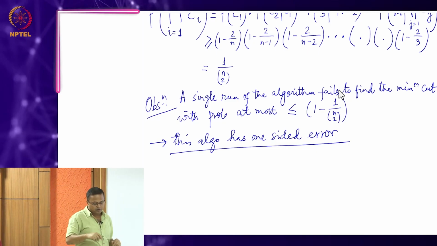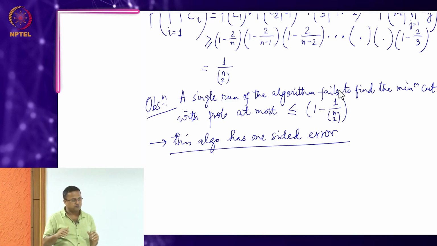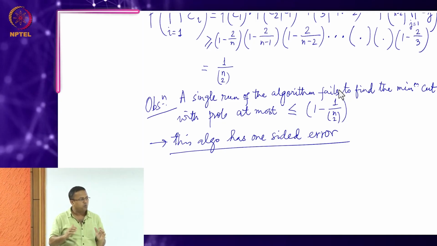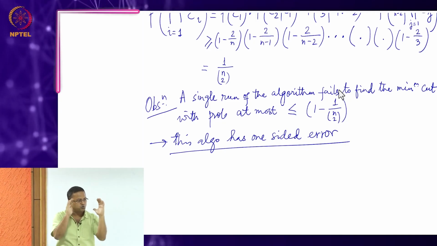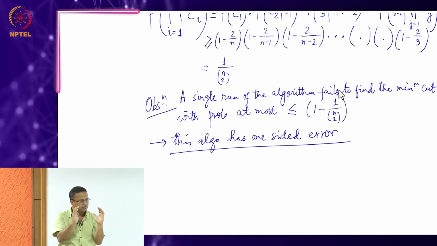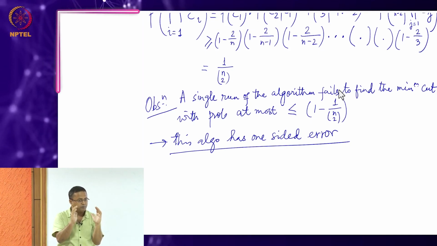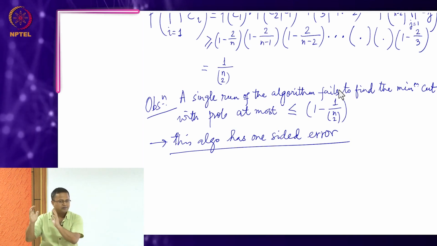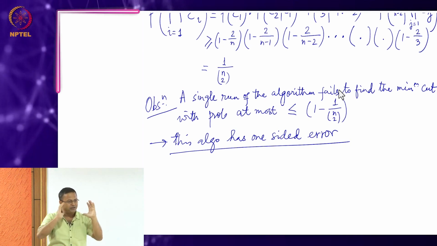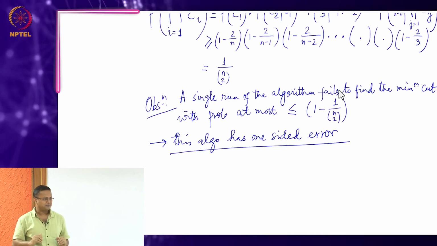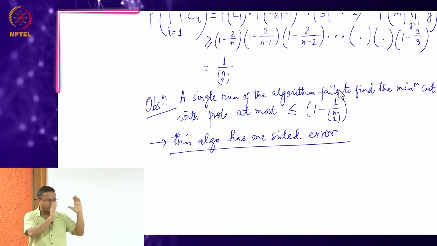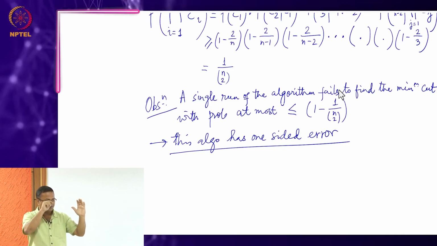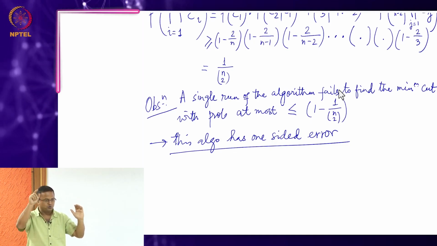Now mind you, your error probability for one run was 1 minus 1 by n choose 2. If you run it a second time, your error would now be a product, because these are independent events: (1 minus 1 by n choose 2) squared.